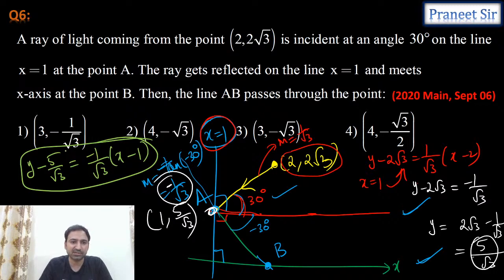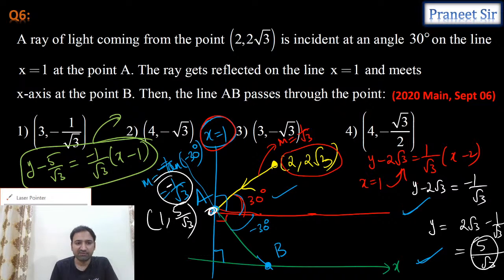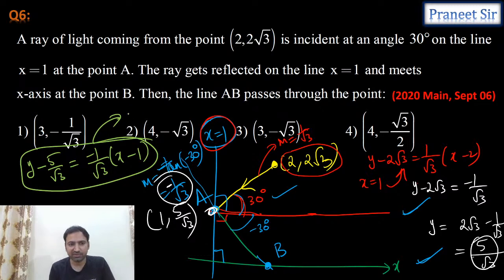Now substitute the options. If you substitute the options, you can check which option is satisfying. Otherwise, you can simplify. Let's simplify this equation. If you multiply by root 3, what we get is root 3 y minus 5 equals minus x plus 1.